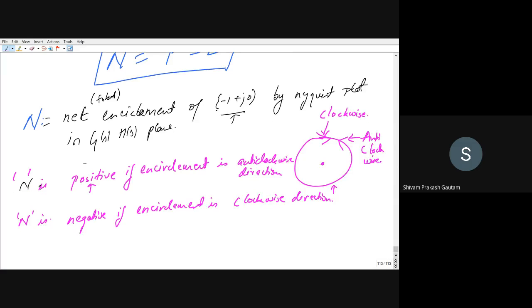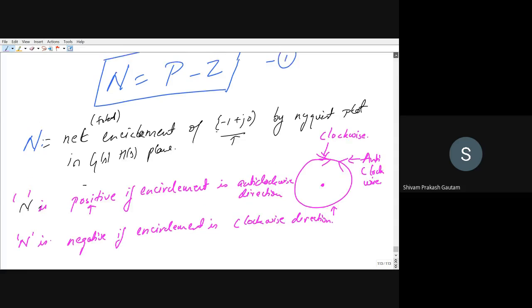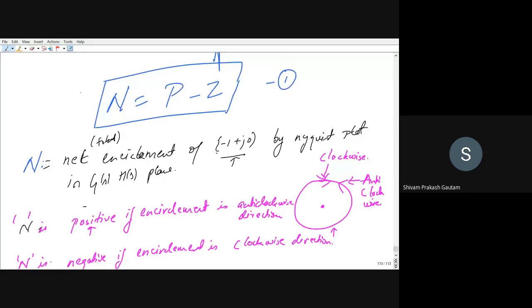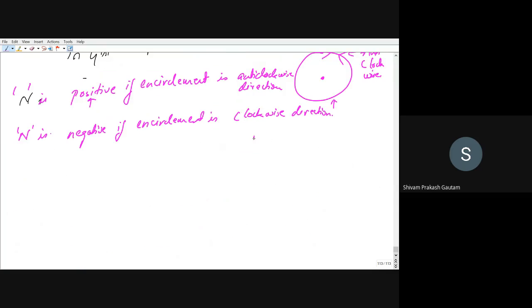Right? So again, have a look into the Nyquist stability criteria. What is the Nyquist stability criteria? N is equal to P minus Z. What is N? N is the net encirclement of the -1 plus j0 point in the GS HS plane. Now, what is the -1 plus j0 point? Let us draw a GS into HS plane. This is our plane where we used to draw our polar plot as well as Nyquist plot.